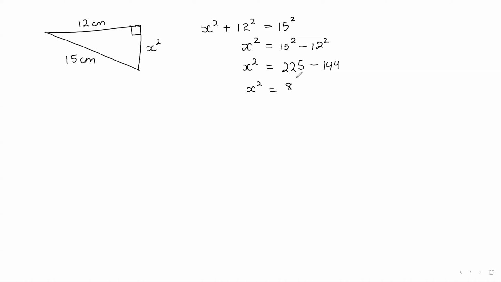Isn't it 81? Is it 81 though? 225 take away 144. Yes. Good. So then x is the square root of 81, which is 9.